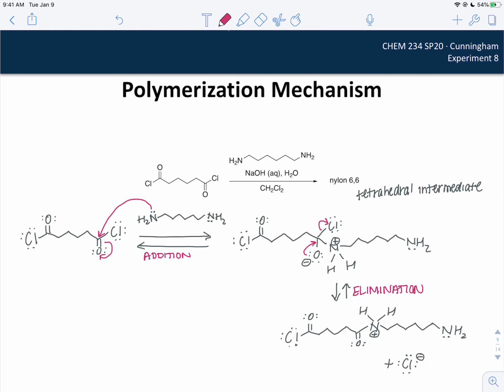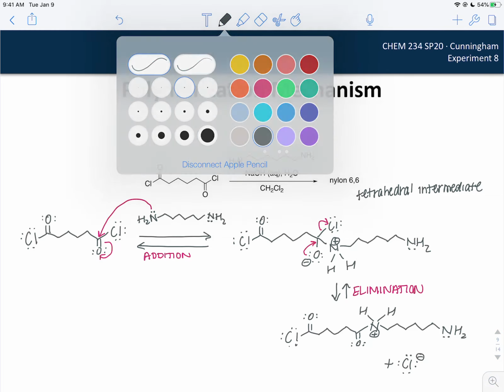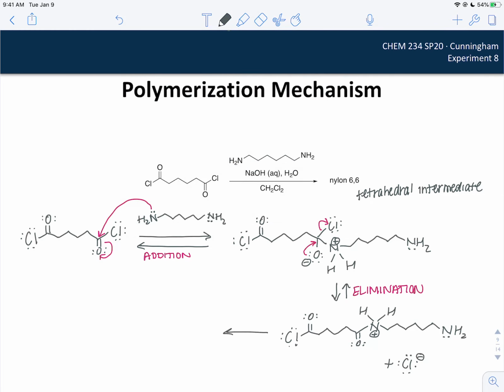Now the only thing that's left for us to get to our final dimer product is to react this with our sodium hydroxide. And so this is going to be a very fast acid-base reaction, quite favorable here.